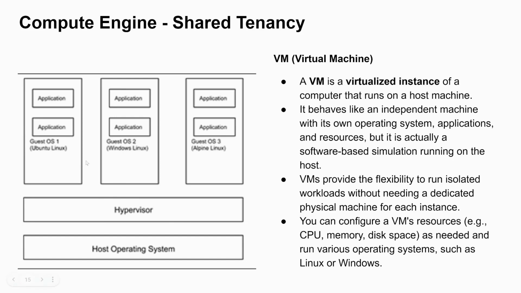Because all of this is shared, you can configure VMs, that is CPU, memory, and disk space, as needed, and run various operating systems such as Linux or Windows. That's what GCP provides. GCP provides the underlying infrastructure. So as a user, you create VMs based on whatever CPU, memory, and disk space your workloads require. This is what a VM is.